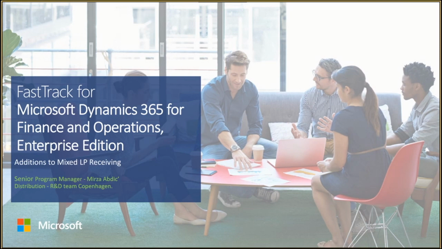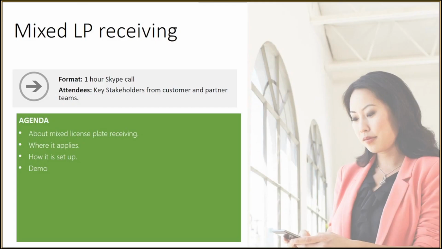So today's agenda will cover a few things, and it's a basic agenda that we are trying to use to structure all of our Fast Track webinars. First we will try to understand what mixed license plate receiving is and why we did this feature, so you are completely clear about where it is supposed to be used and how it is supposed to be set up.